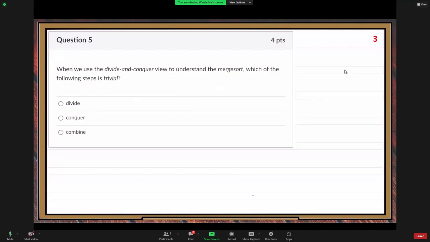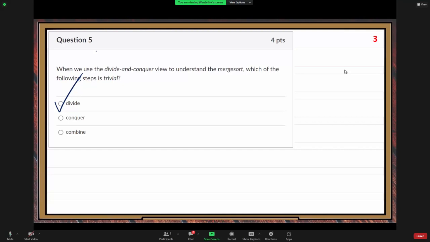Number 5. When we use the divide and conquer view to understand merge sort, which of the following steps is trivial, with not much work to do, a minimum amount of work? The divide step, because we split right in the middle.